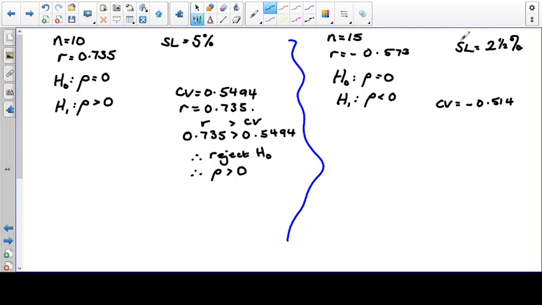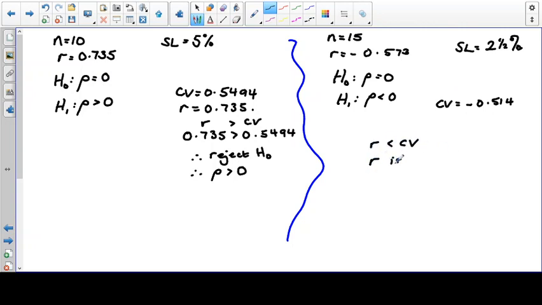Okay, so that's saying that there is a 2.5% chance that 15 points would give you a correlation coefficient of negative 0.514. But your sample PMCC is stronger than that. So your R value is less than your critical value.